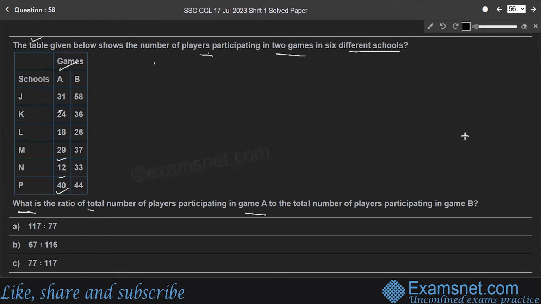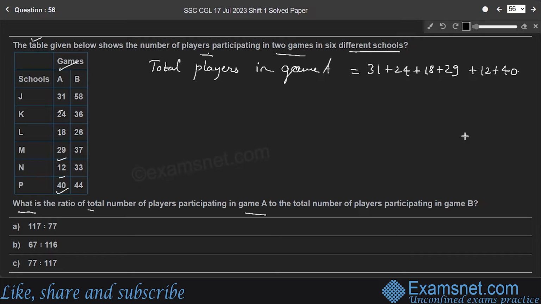So total players in game A is equal to, add all these values, 31 plus 24 plus 18 plus 29 plus 12 plus 40. So you will get 154 players participated in game A.